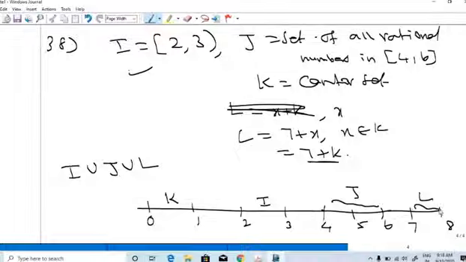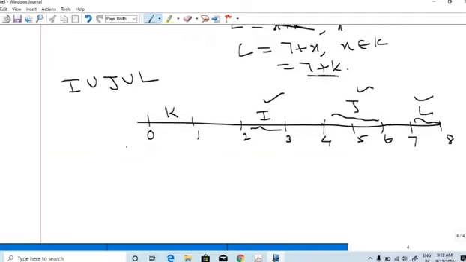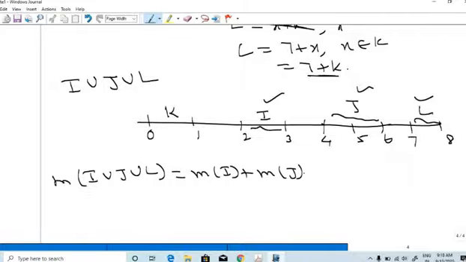Therefore, I, J, L are all disjoint sets, so there is no common element. Therefore, the measure of I union J union L is nothing but the measure of I plus the measure of J plus the measure of L. The measure of I is the length of the interval, which is [2, 3], so the length is 1.